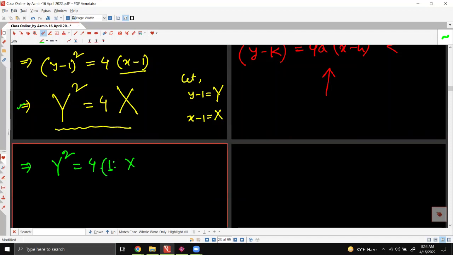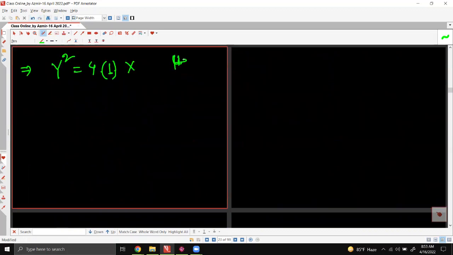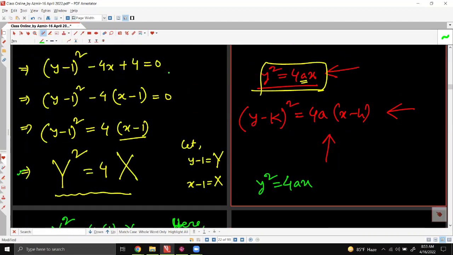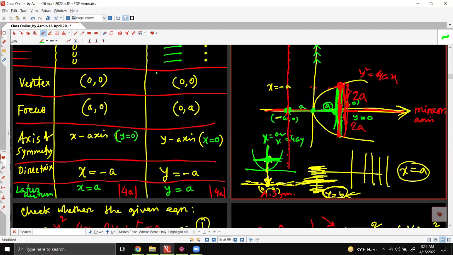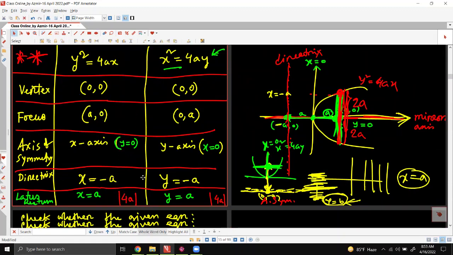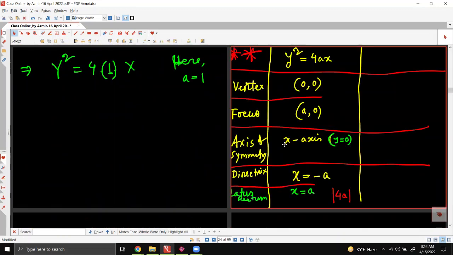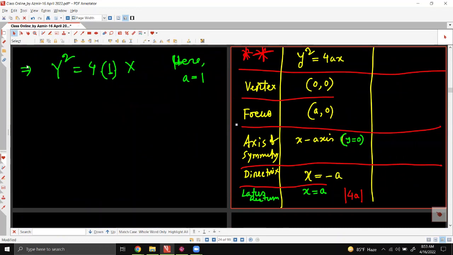So the value of a is 1. Now let us try to analyze the given equation. So we are collecting the formulas from here. If you have the formulas in your hand, then you can easily find all the information.